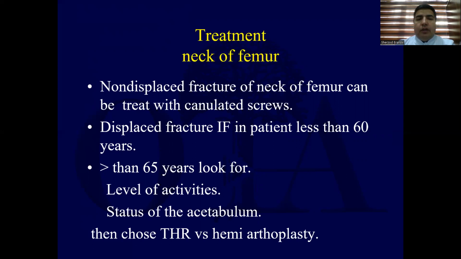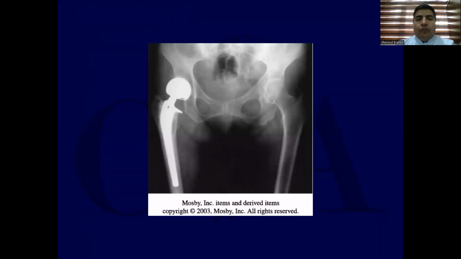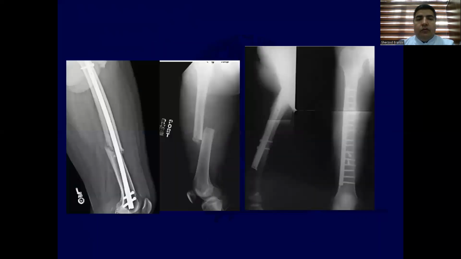Displaced fracture in patient less than 60 years. Then 65 years, look for level of activities, status of the acetabulum, then choose hemiarthroplasty. Metal osteosynthesis.